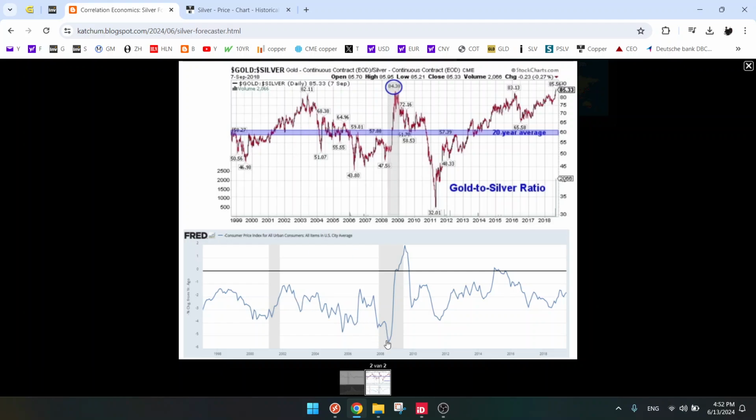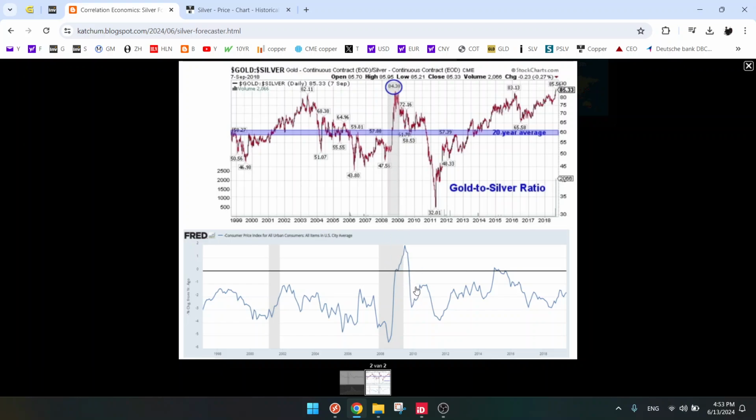When we actually get a bit of deflation, like during the recession, or like during the dot-com bust, then gold outperforms. And you can see this movement corresponds with the movement in the gold-silver ratio. Actually, it moves almost perfectly.